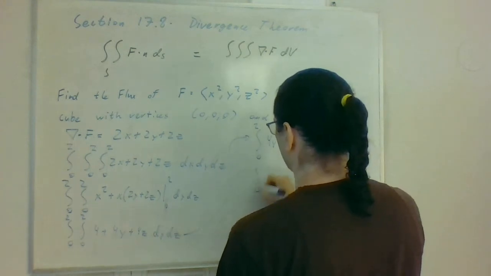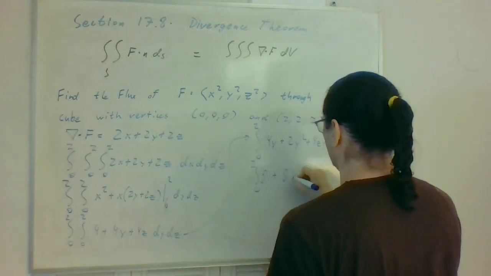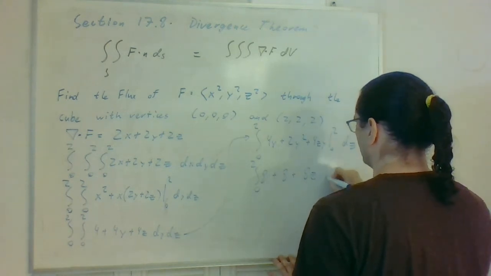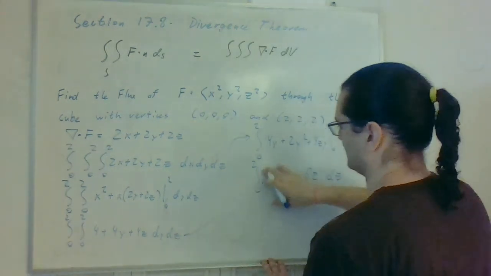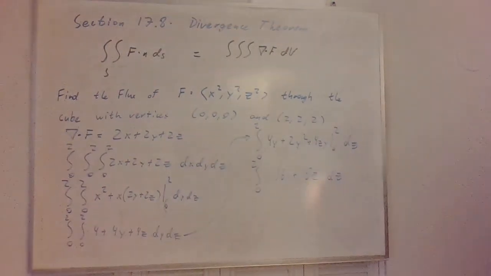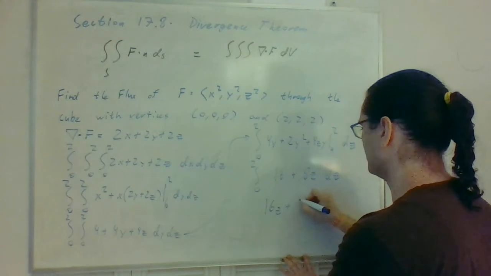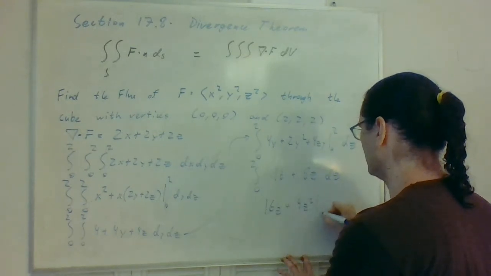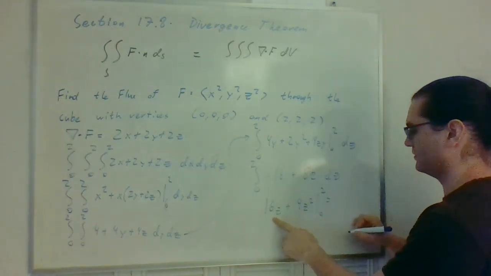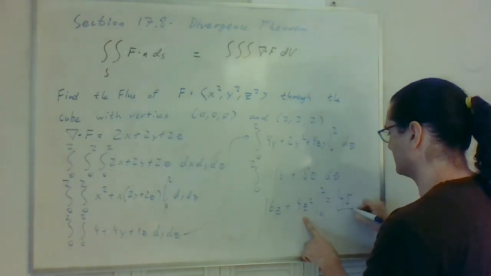So this will be 8 plus 8 plus 8z dz. I'm going to turn this into a 16. 16 plus 8z dz. So this last integral will give me 16z plus 4z squared from 0 to 2. Should be 32 plus 16, which is 48.